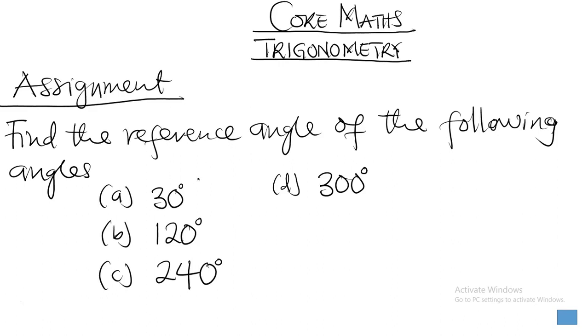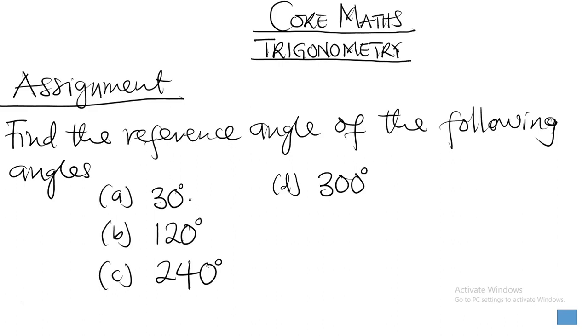So let's look at the question. We were to find the reference angle of the following angles: 30 degrees, 120 degrees, 240 degrees, and 300 degrees. Before you tackle such a question, the first thing you have to take notice of is the quadrant within which these angles will fall.